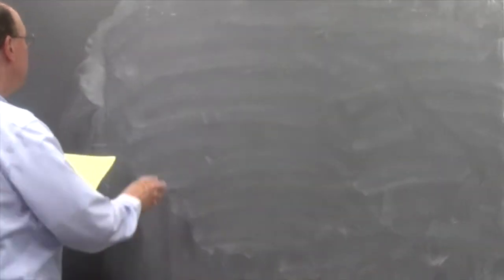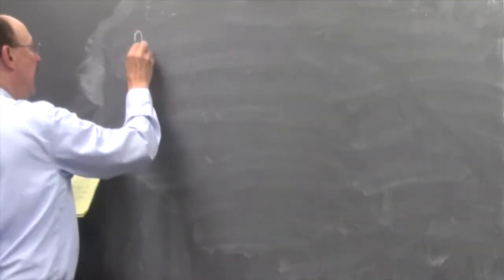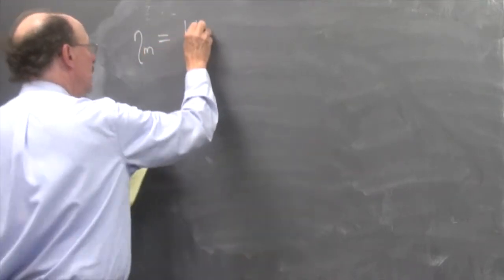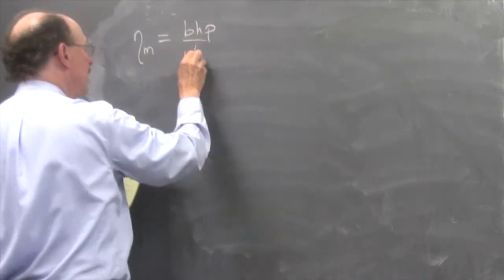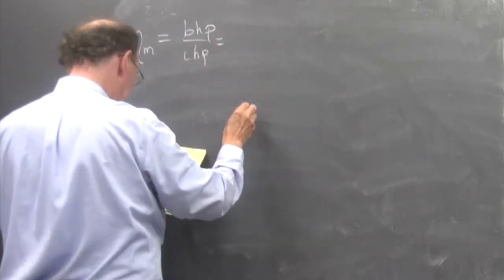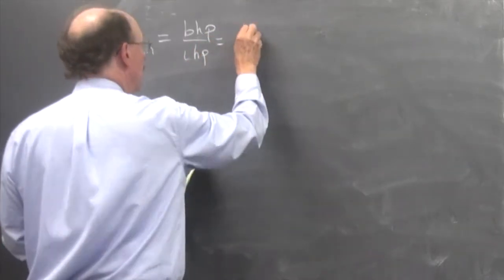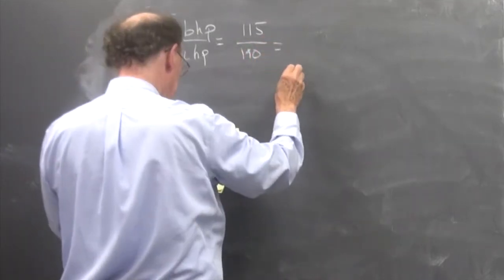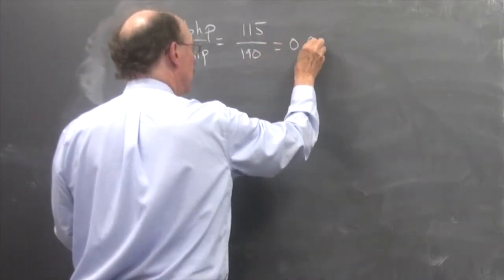The mechanical efficiency, eta sub m, is equal to BHP over IHP. So it's equal to 115 over 140, which is 0.821.